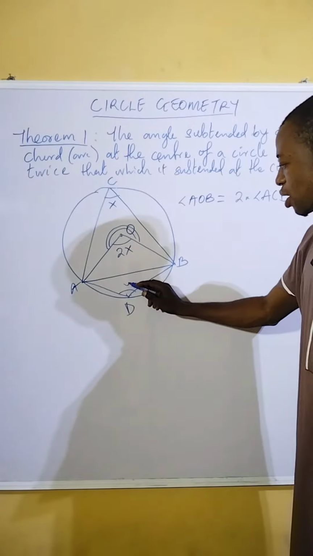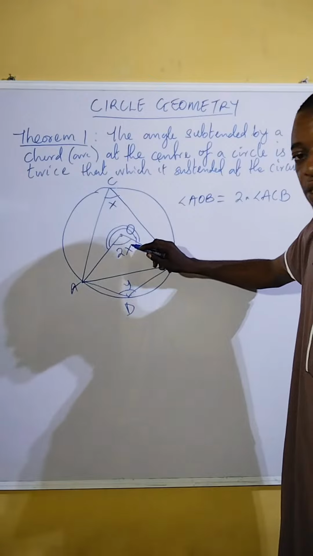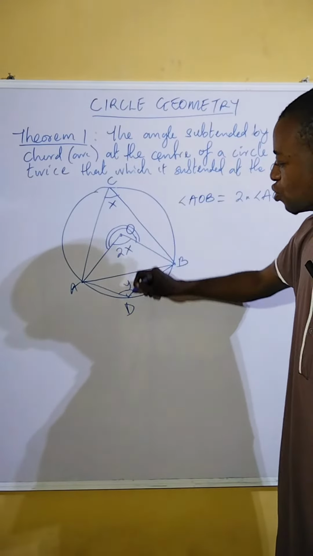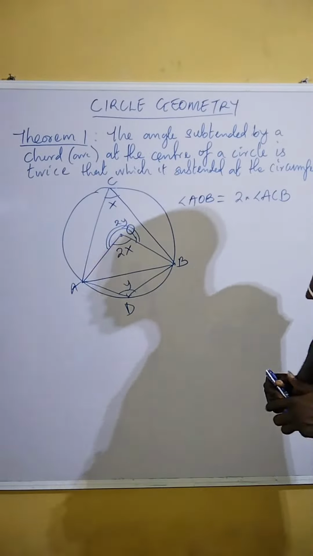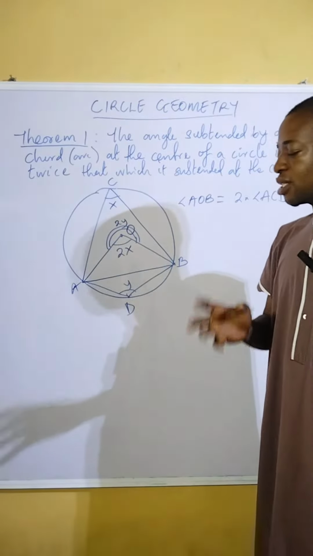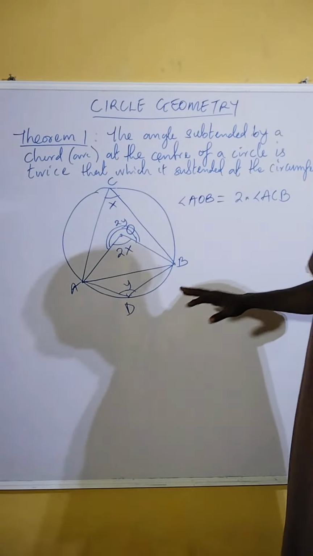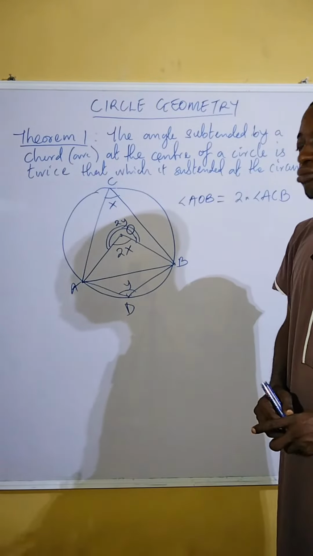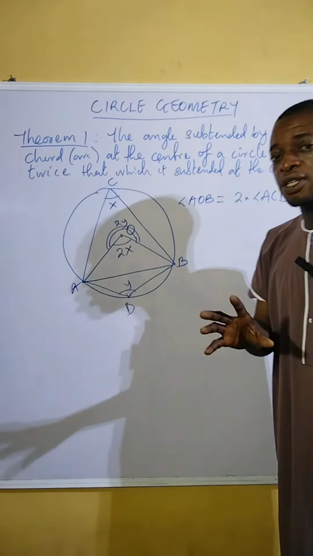We can label it as y. Then the angle at the center to that, which is this reflex angle, is going to be twice this, which is 2y. So it's very important for us to understand this particular theorem. When we understand this, it is the basis for circle theorems.